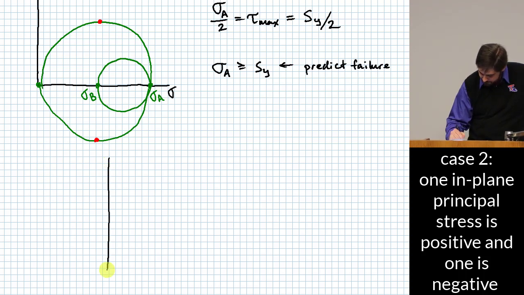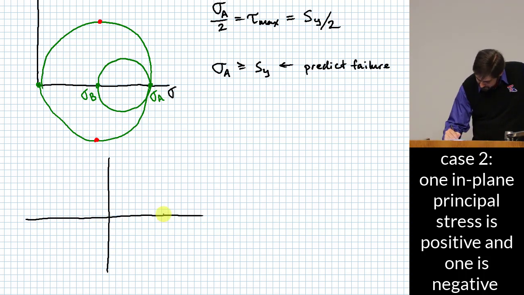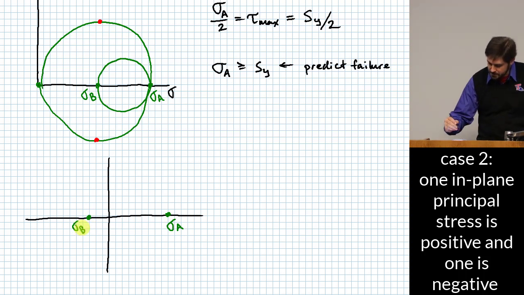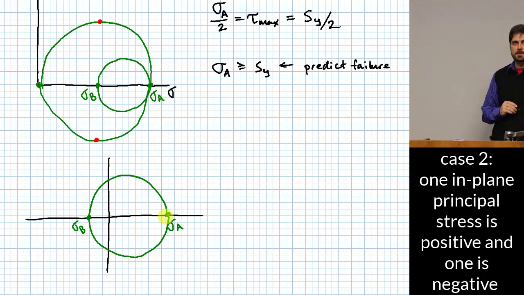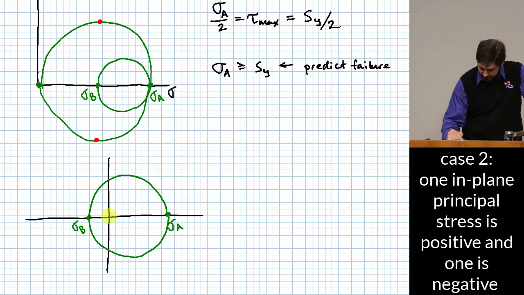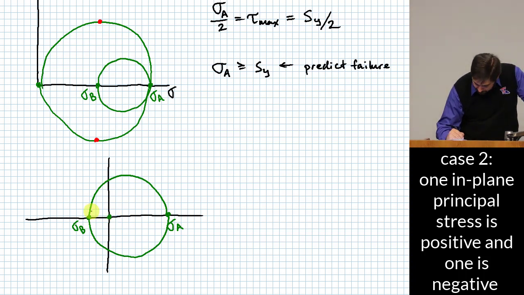You have a part that's in service, and now your in-plane principal stresses are, say, sigma A and sigma B. And so you draw your Mohr circle like that. Where's your third principal stress? Still at 0. Okay, so your three-circle diagram looks like this.